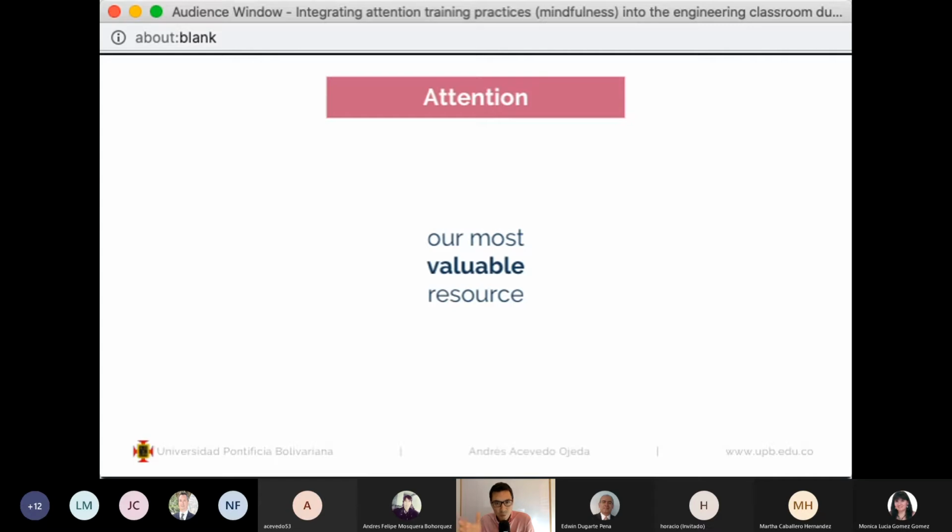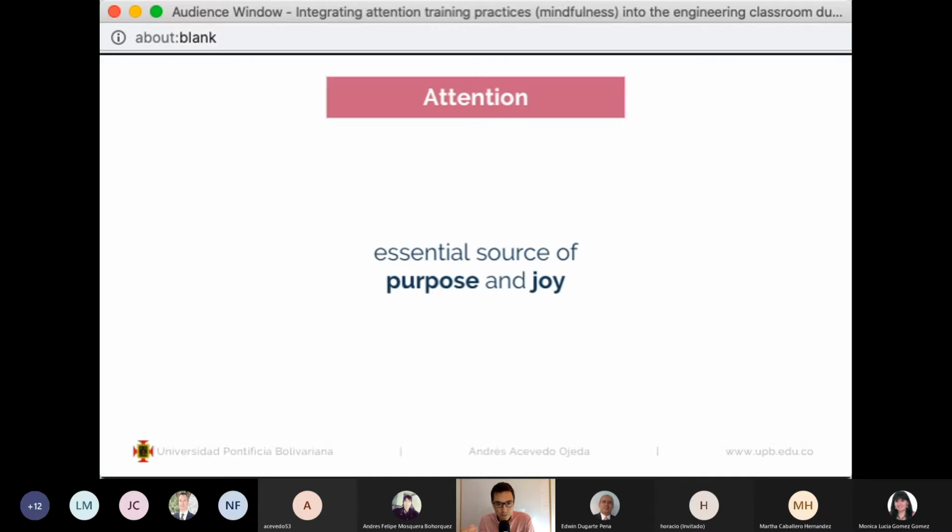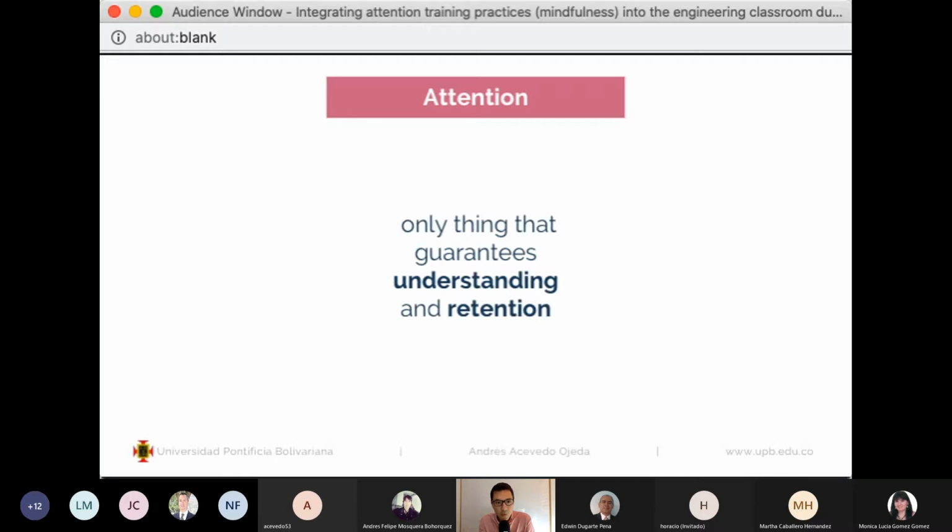Paying attention to what we are doing in every moment is the most essential source of purpose and joy. It is the only thing that guarantees understanding and retention. We can only enjoy, remember, and understand what we pay attention to.